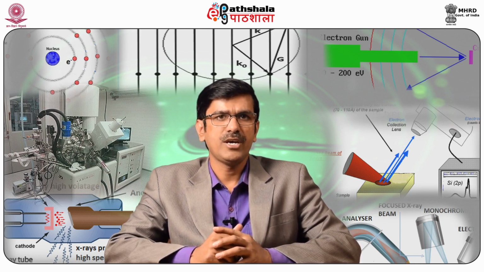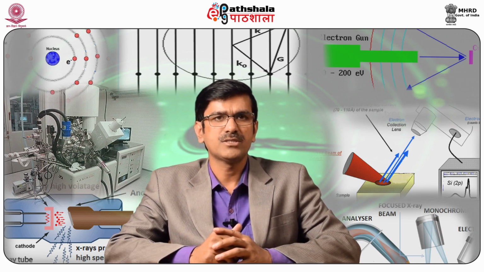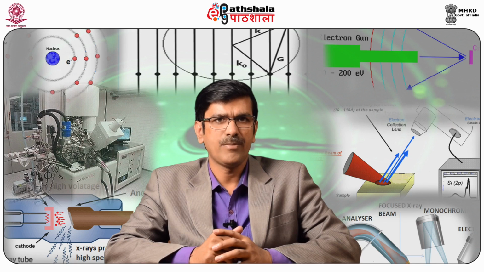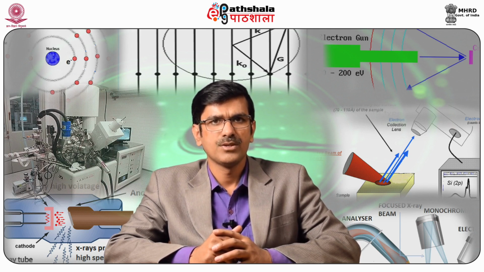XPS also has many disadvantages, like the requirement of high vacuum. Hydrogen and helium are essentially impossible to detect by X-ray photoelectron spectroscopy. Helium is not normally present as a solid, and even when implanted in a solid, its 1s orbital has a very small cross section for photoemission.